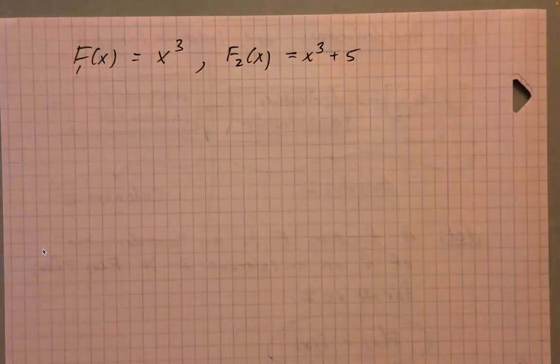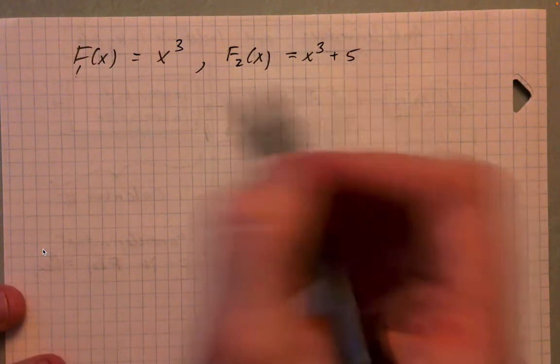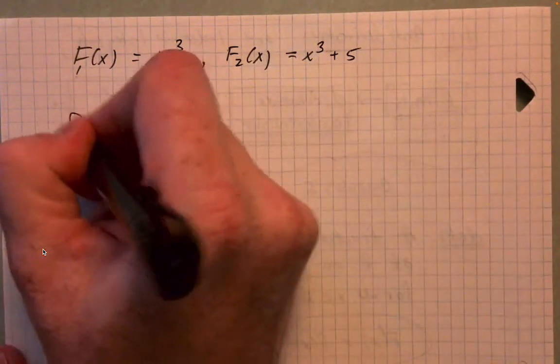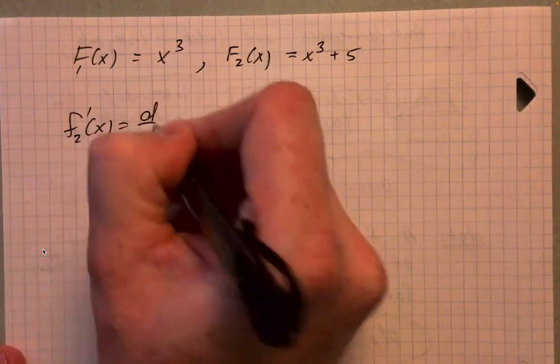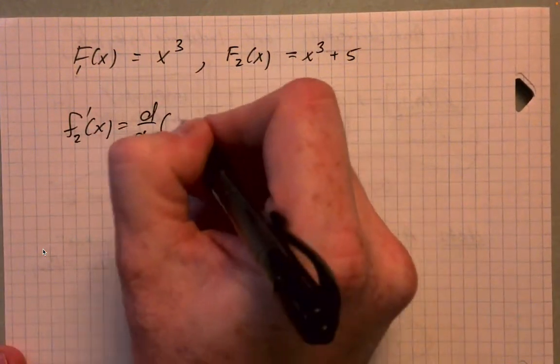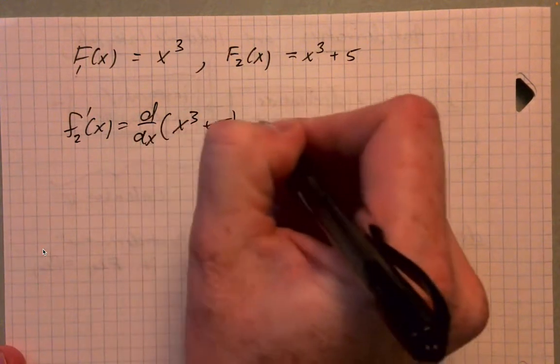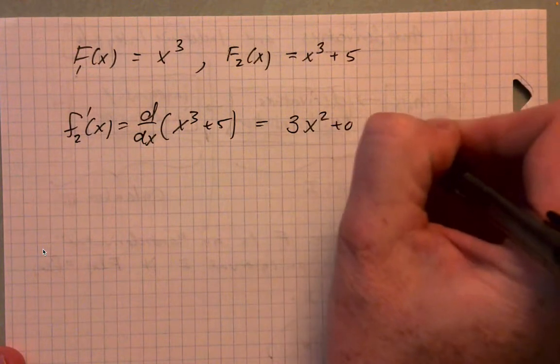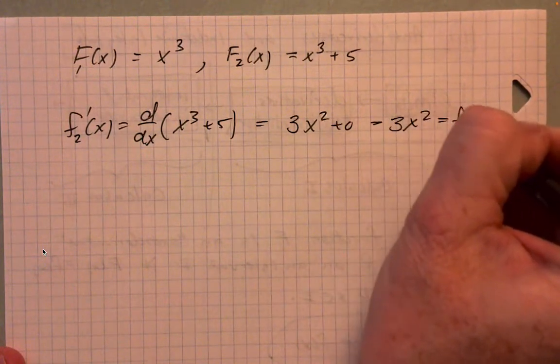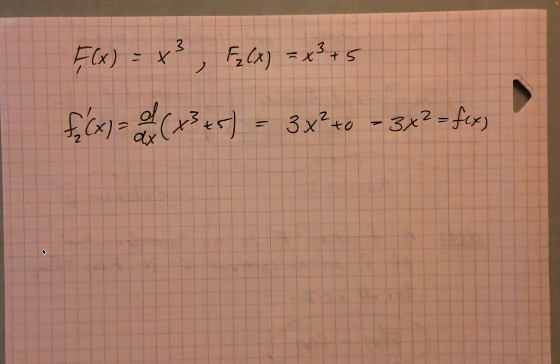How about that? Also an antiderivative of 3x squared, right? What happens when I differentiate this? F prime 2 of x is d/dx of x cubed plus 5, which is 3x squared plus 0, which is 3x squared, which is f of x, right?